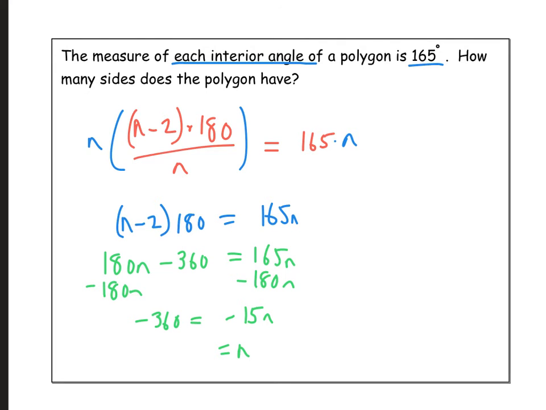And when we divide both sides by negative 15, you should end up with n equals 24. So that's a 24-sided polygon. It would be hard to draw that, but if you could draw a regular one where all the sides and all the angles were the same, every single interior angle would need to be 165 degrees.